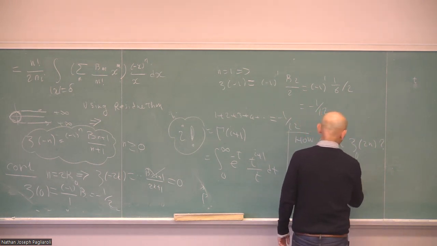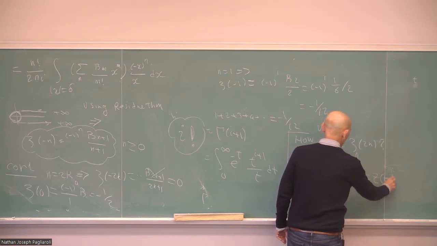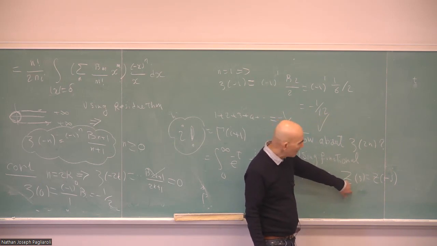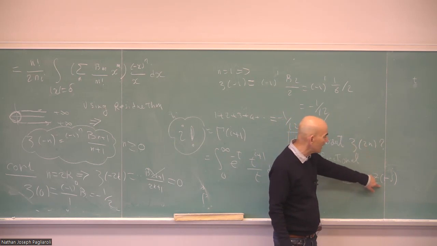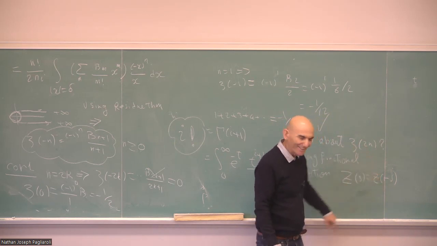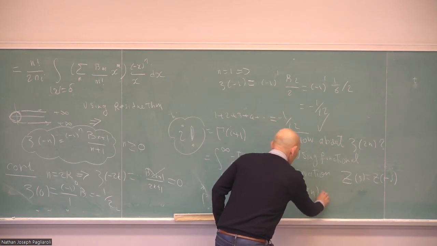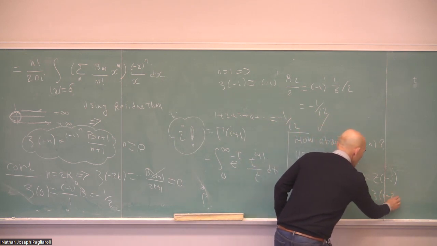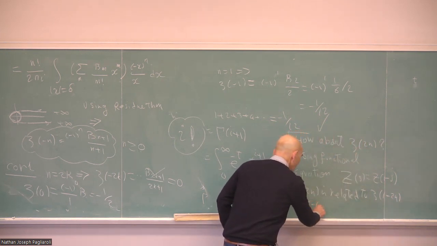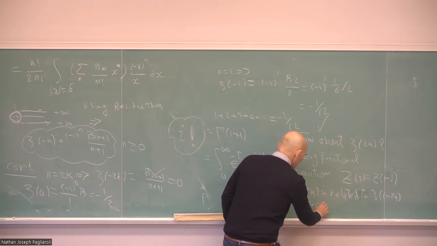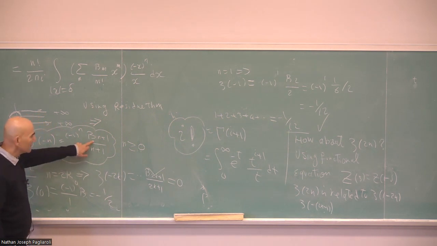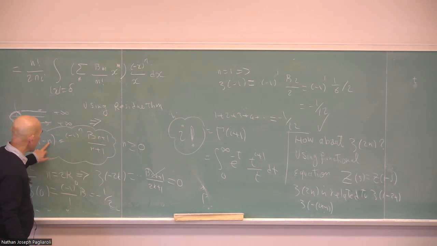Again, capital Z of s equals Z of 1 minus s, right? We know that zeta of 2n must be related to zeta of 1 minus 2n, in other words, zeta of minus (2n minus 1). But we know what zeta of negative integers are. Is this one. So we have to replace n by 2n minus 1 in the formula, right?